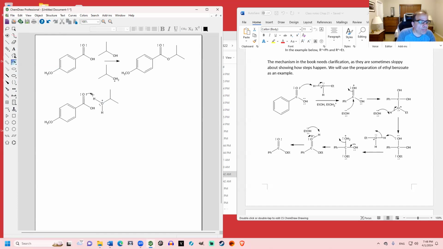So the lone pair from oxygen picks up a proton from the acid and puts the electrons in the OH bond back onto the oxygen to get rid of the plus charge. And as you're doing it, make sure you understand why each step happens. There's always a reason for every mechanistic step. The reason behind this one is to get rid of the plus charge on this oxygen and to put a plus charge on this oxygen to make it more electrophilic, to make the carbonyl more susceptible to attack.